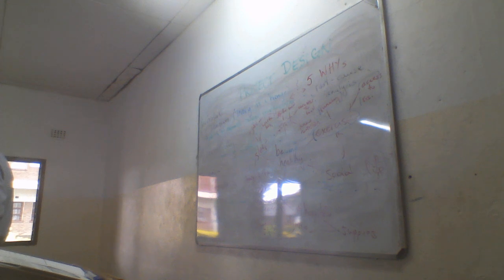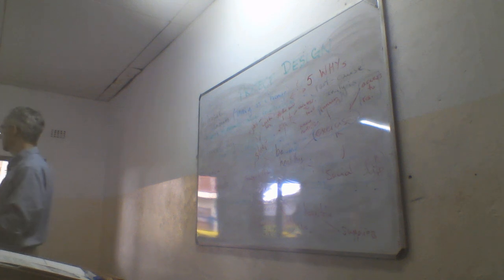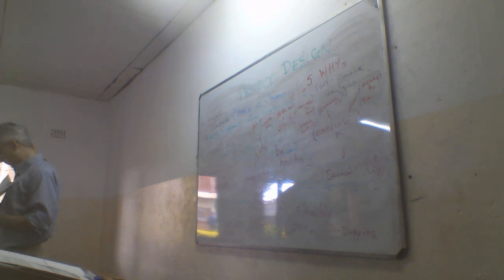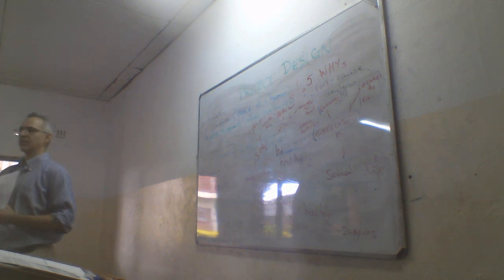So the first one are project activities. From that whole spaghetti of cause and effect relationships, these 4 are the activities of the project. This is what the project staff will do.